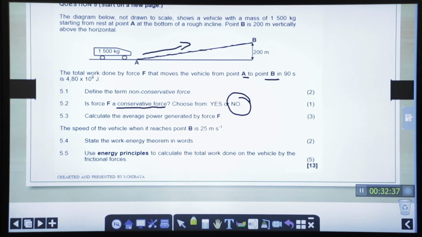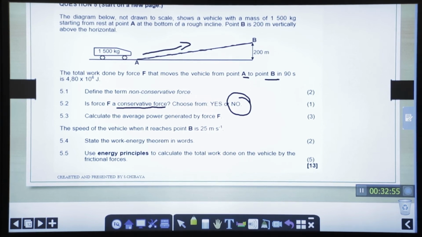Work done is 4,80 times 10 to the power of 6 is equal to F multiplied by 1125 meters multiplied by cos of 0.